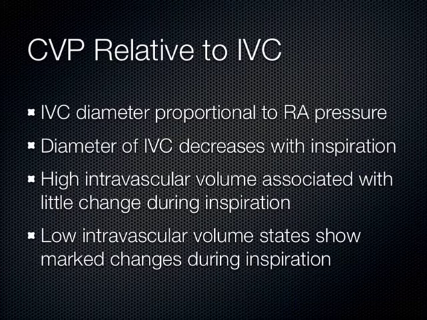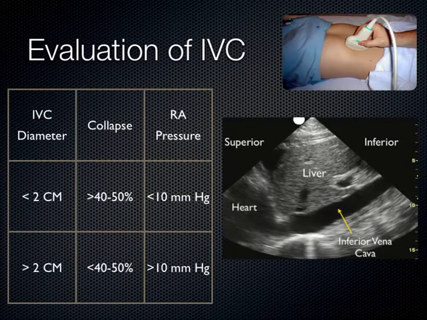And as you expire, it goes back up again, basically. And so patients who have high intravascular volumes don't really see much change during inspiration of their IVC diameters, whereas patients with low intravascular volumes or low CVPs, you do see a lot of flattening out of the IVC during inspiration. Let me show you what I mean here.